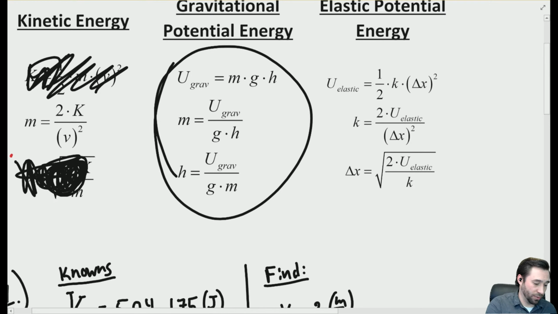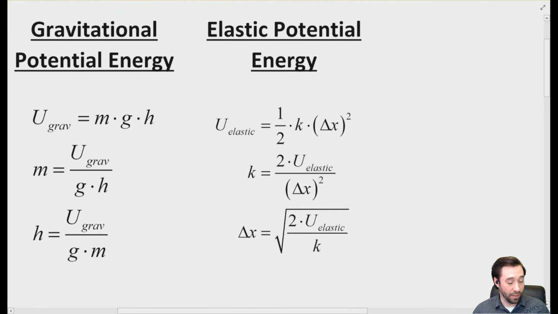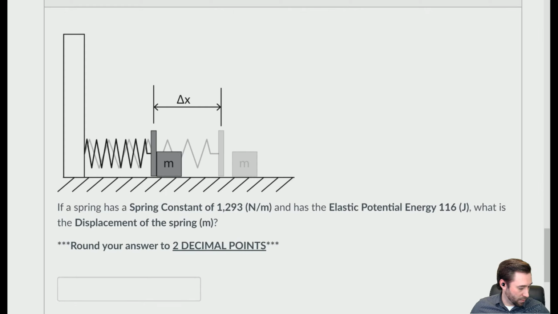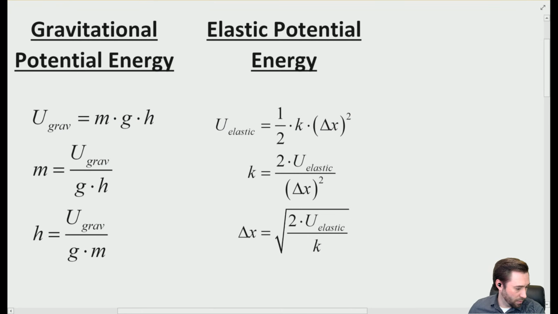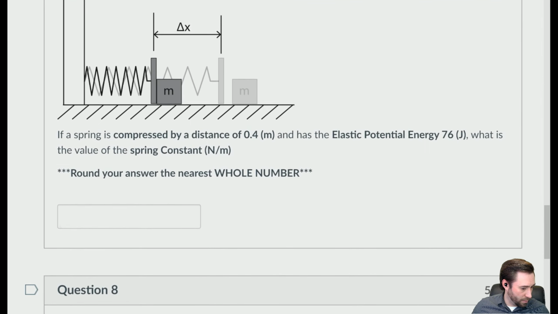There's no radicals or anything like that, no squares. But I do want to focus on the elastic potential one. So I'm going to jump down to the ones dealing with the displacement. I want to do one with the spring constant.